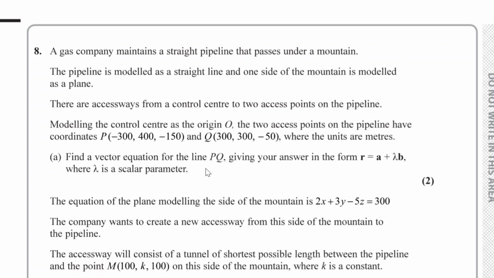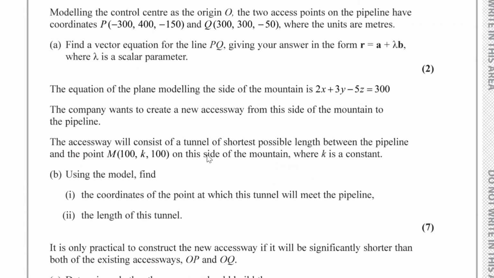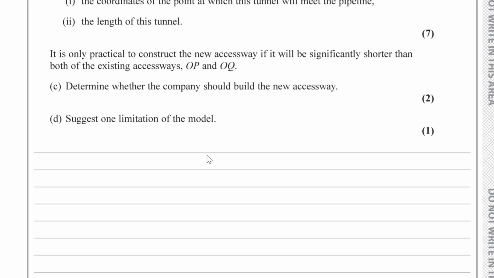Well, for us to determine the vector equation, we first of all have to find out what the vector PQ is. So for part A, the vector PQ is equal to OQ minus OP.